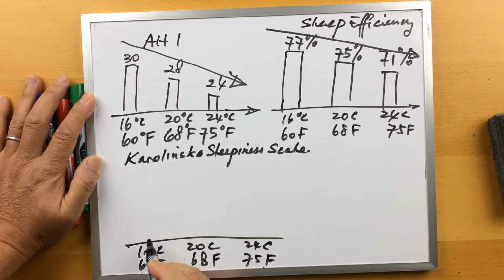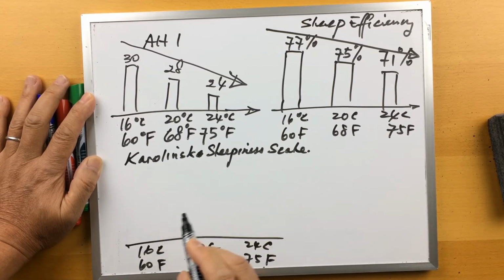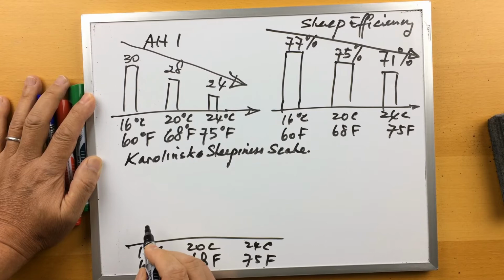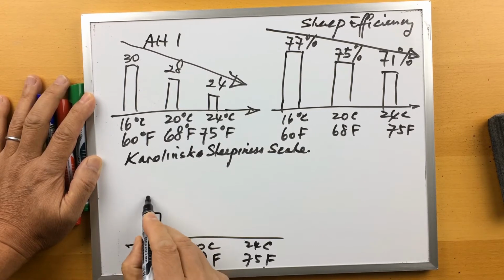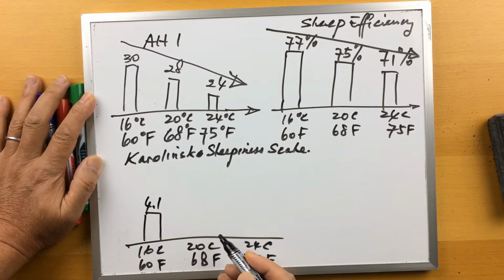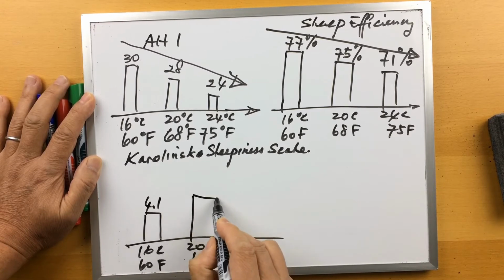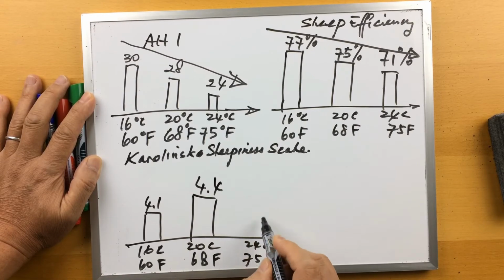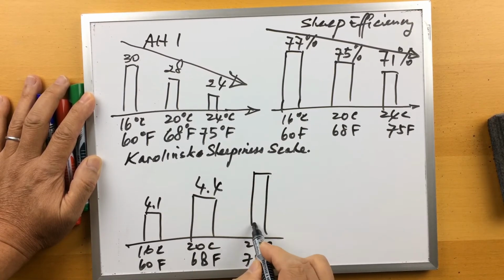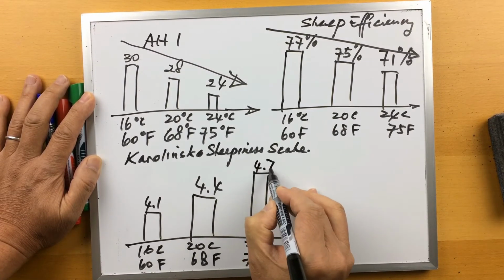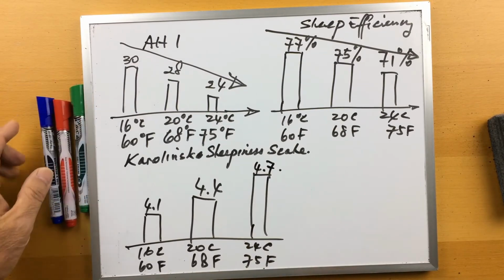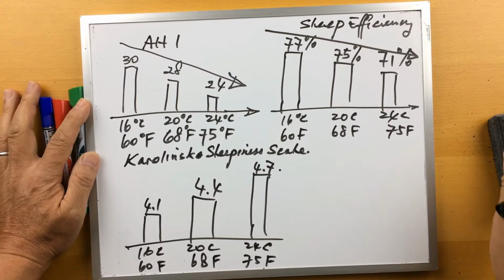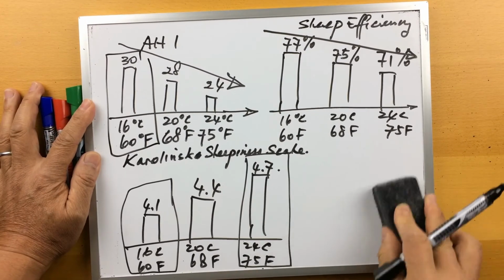Now they found the Karolinska sleepiness scale for the 16 degrees Celsius was 4.1, for the 20 it was 4.4, and for the 24 it was 4.7. So this is quite interesting.